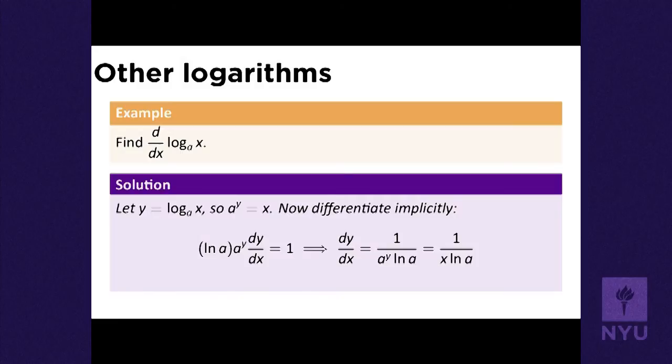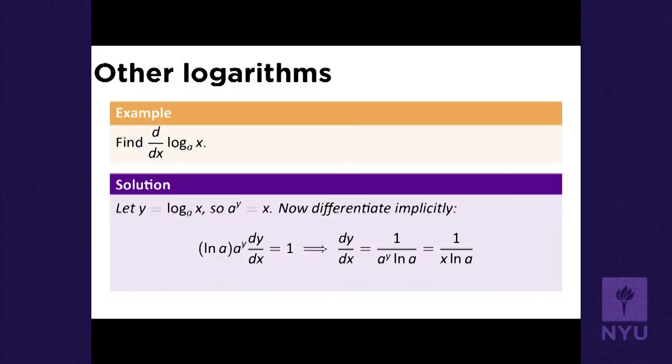So when a is e, we would have natural log of e. And what's natural log of e? 1, almost by definition. And on the other end, we have 1 over x times natural log of a. If this were the log base e, I would have the natural log of e. The natural log of e is 1, so I would have 1 over x. Okay, so it does work out in the other cases, which is good news.